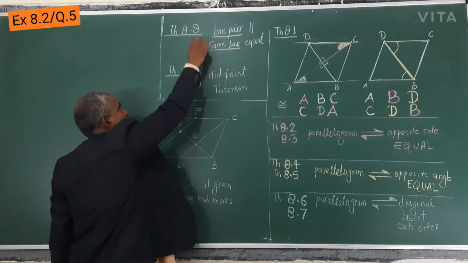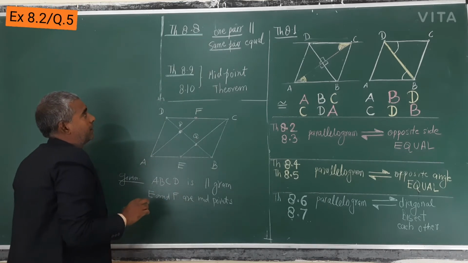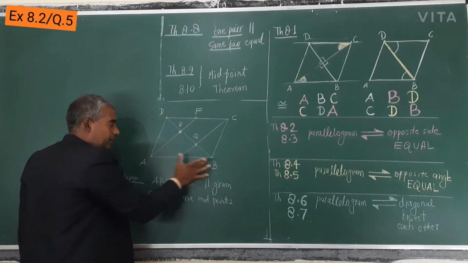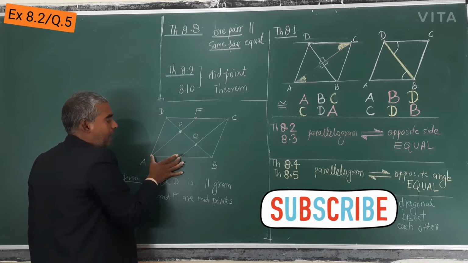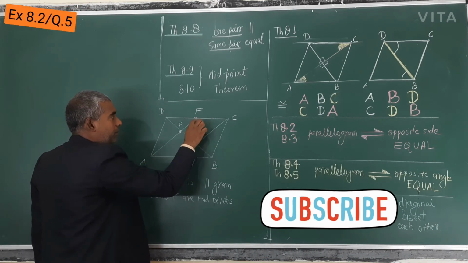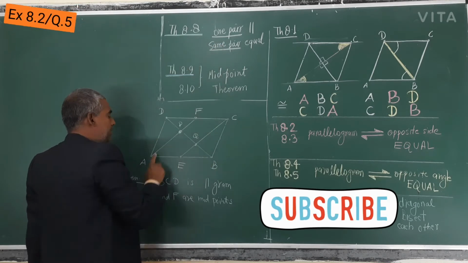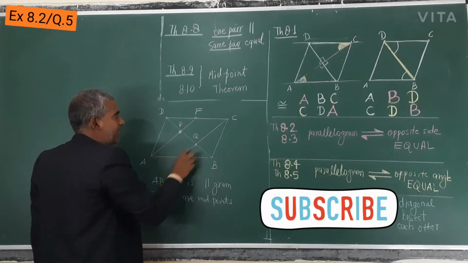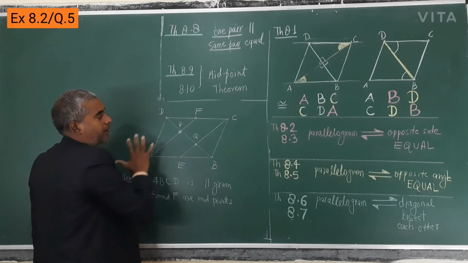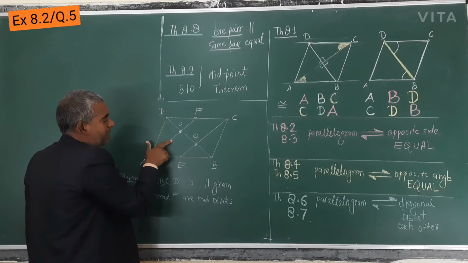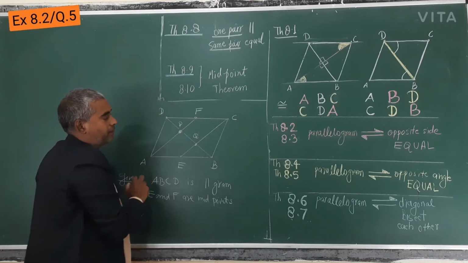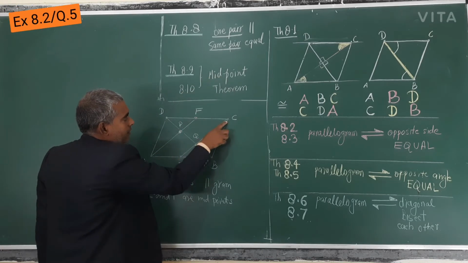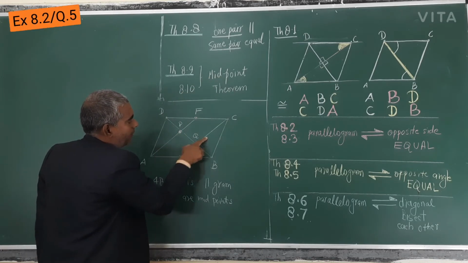With the help of this 8.8, it's very important here. So this is parallel and the same pair is equal, half of it. So AECF will be a parallelogram. Parallelogram means this line will be parallel to this, and then we will apply the midpoint theorem in this triangle, this triangle.